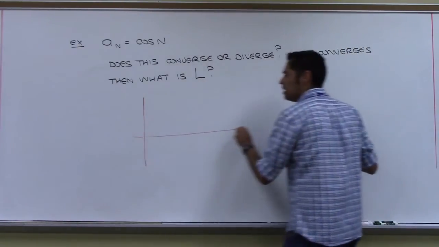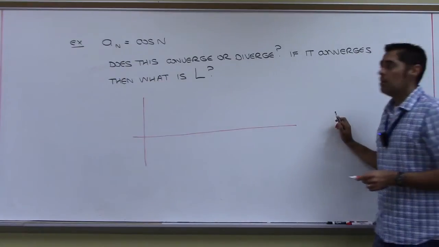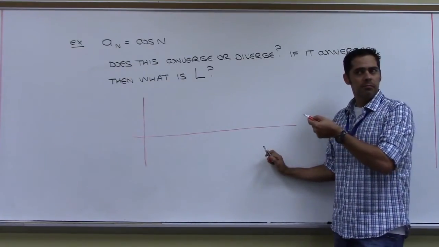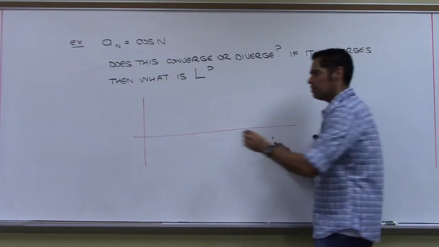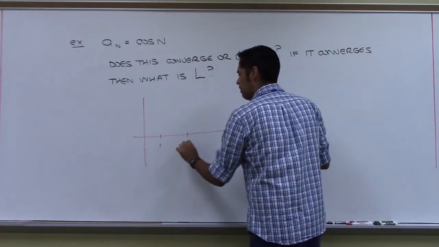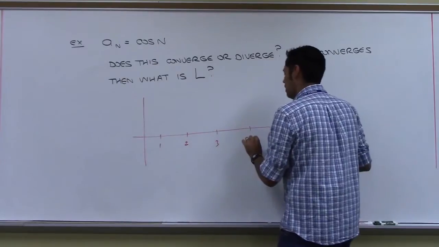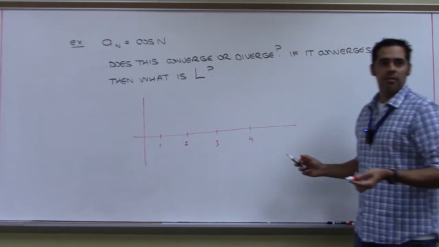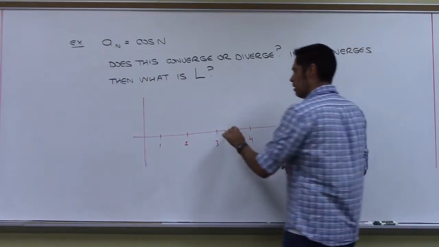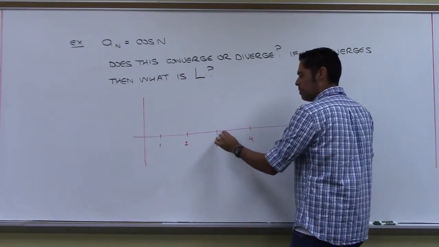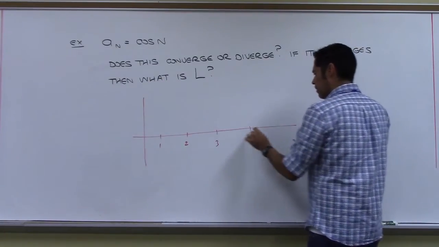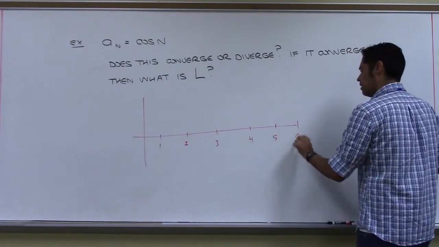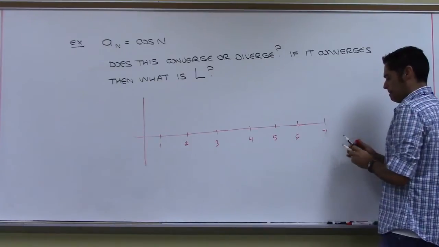We know that if we're dealing with a sequence, we're only allowed to plug in the natural numbers, 1, 2, 3. But we do know what cosine looks like. Pi is about 3.14. 2 pi is about 6.28.